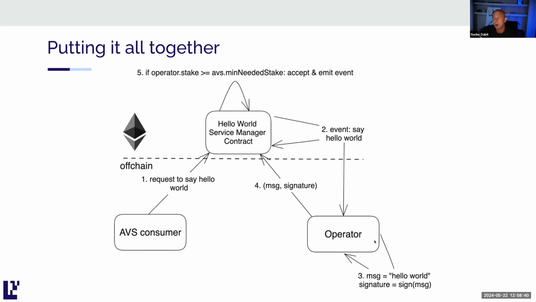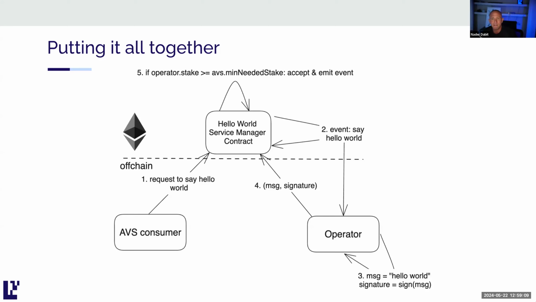We have the operator, which is a long-running service. We have the Hello World smart contract, which is the proprietary code we've written for our service. And then we have a consumer interacting with this AVS. The AVS consumer will be the entry point into the AVS.